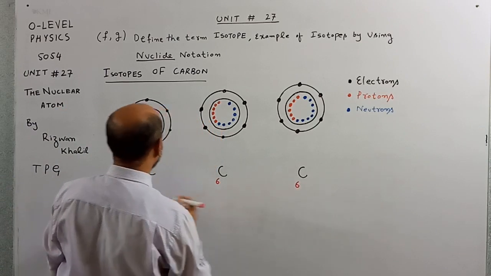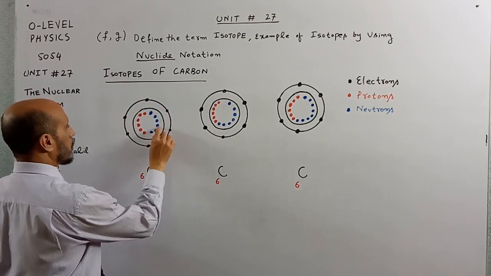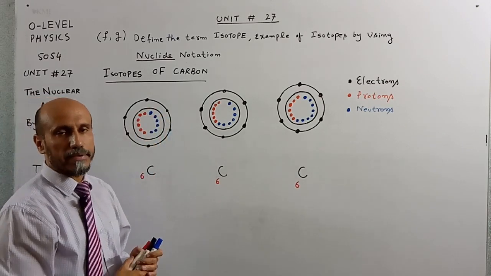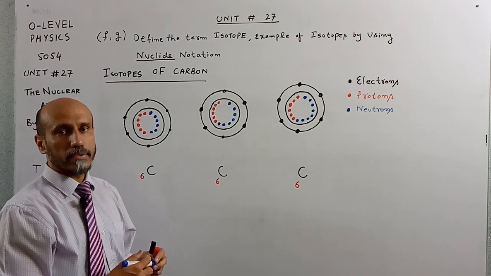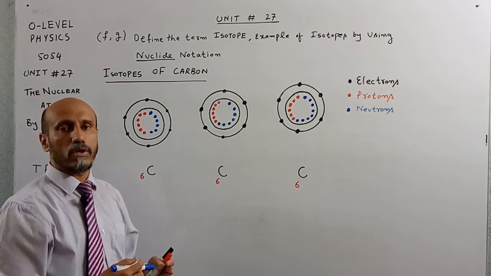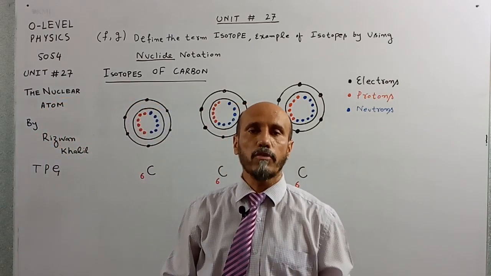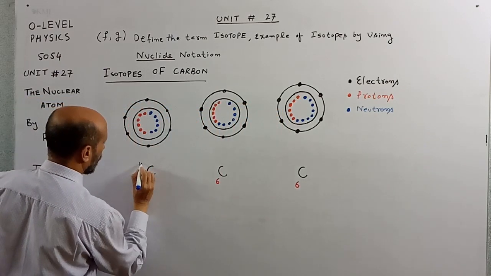And now we will count the number of neutrons: 1, 2, 3, 4, 5, 6. So there are 6 neutrons, and the value of A will be equal to 6 plus 6. The atomic mass number is always calculated from the total number of protons and the total number of neutrons. So 6 plus 6 is equal to 12.